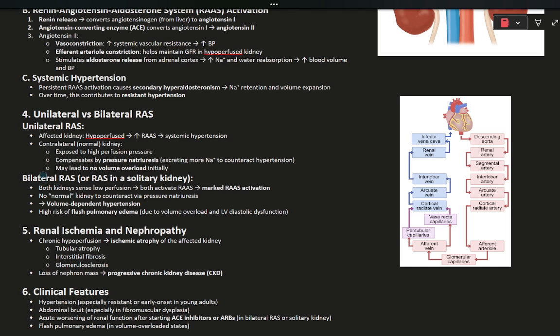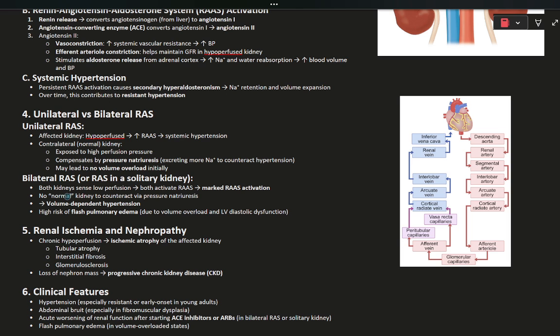On the other hand, bilateral renal artery stenosis, which can be equivalent to a renal artery stenosis in a solitary kidney. This is where both kidneys sense low perfusion, and so both of them are going to activate the renin-angiotensin-aldosterone system, which is then going to lead to marked renin-angiotensin-aldosterone system activation.